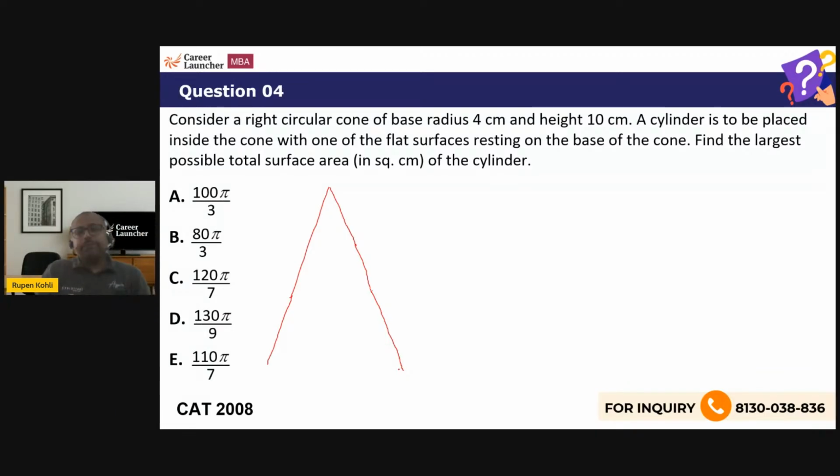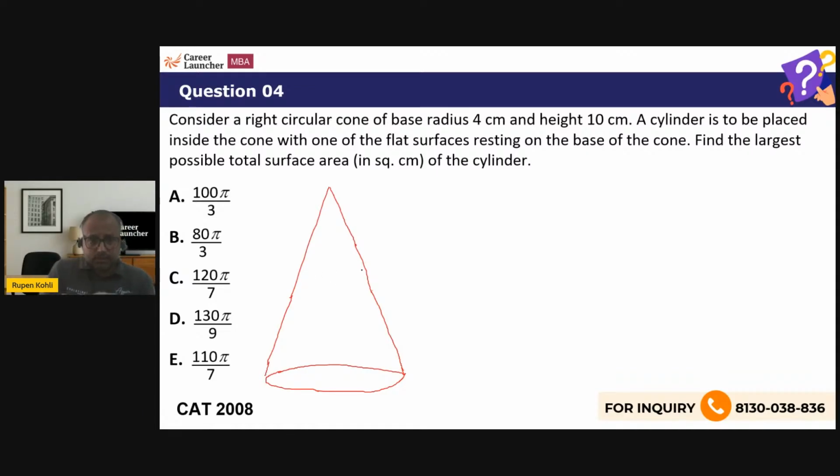But then again, so many different such cylinders can be placed, right? The exact height and radius can all vary. So we have to take that optimum cylinder for which this total surface area is maximum.